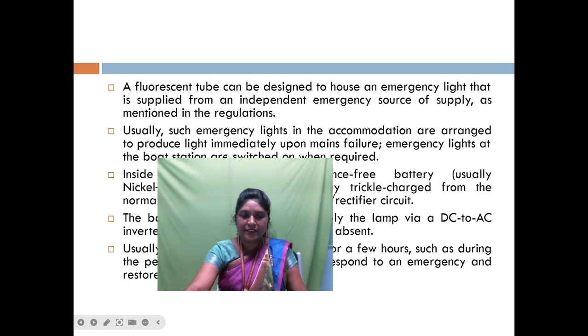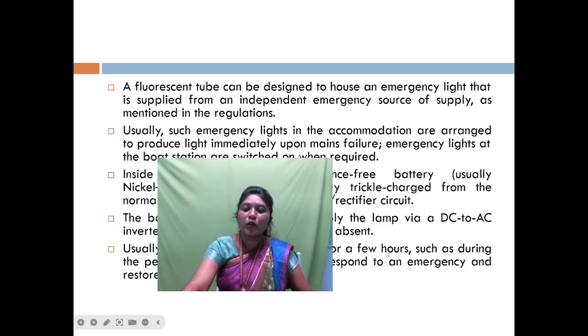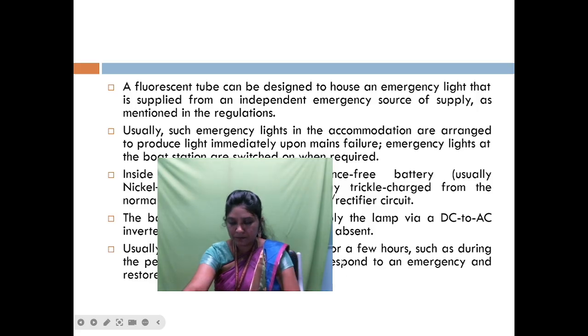The emergency lights at the boat station are switched on whenever required. Usually the battery will only function for a few hours, a short period of time, so the crew should respond to the emergency and be able to restore the power again.